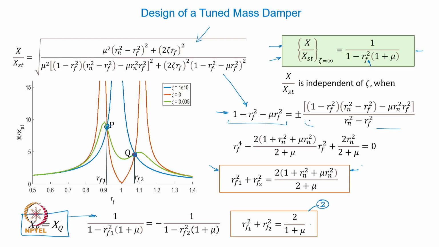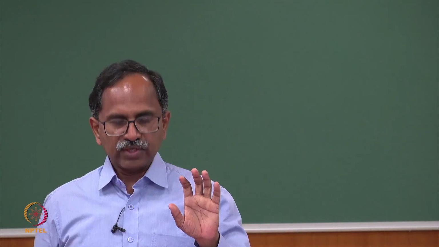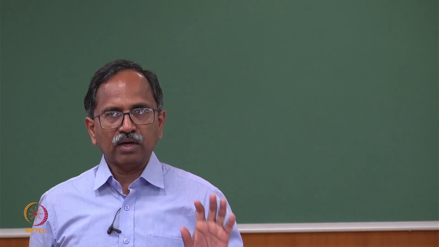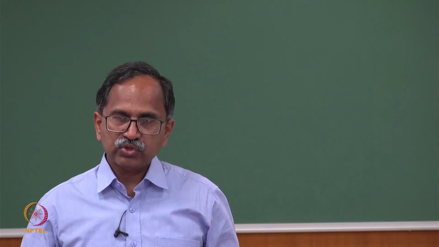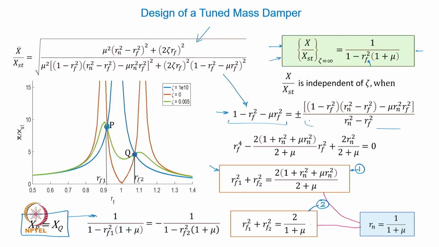Okay, so by using this condition and equating them, I have now the second of the two equations. So this is the second equation, this is the first equation. Both of them are referring to the same forced frequency ratio, RF1 and RF2. If I equate these two now, I get an expression for Rn. What is Rn? It is the natural frequency ratio. What you have got is that as a function of only one parameter, that is the mass ratio.